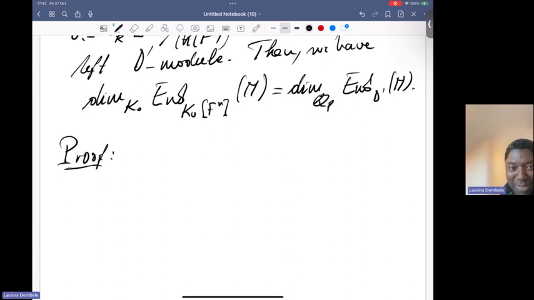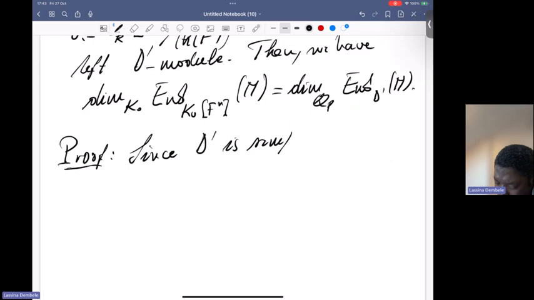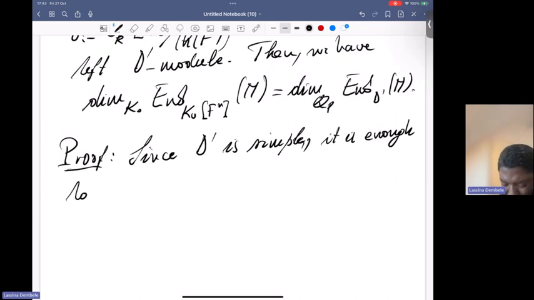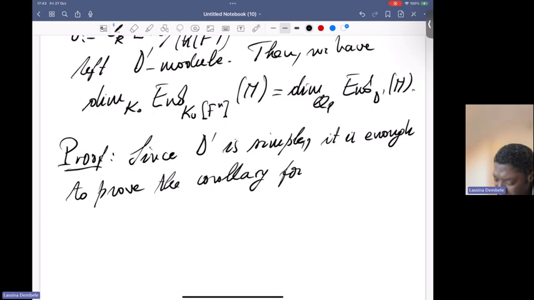So the first thing is that since D prime is simple, we only need to prove the corollary for a simple module, for M simple.